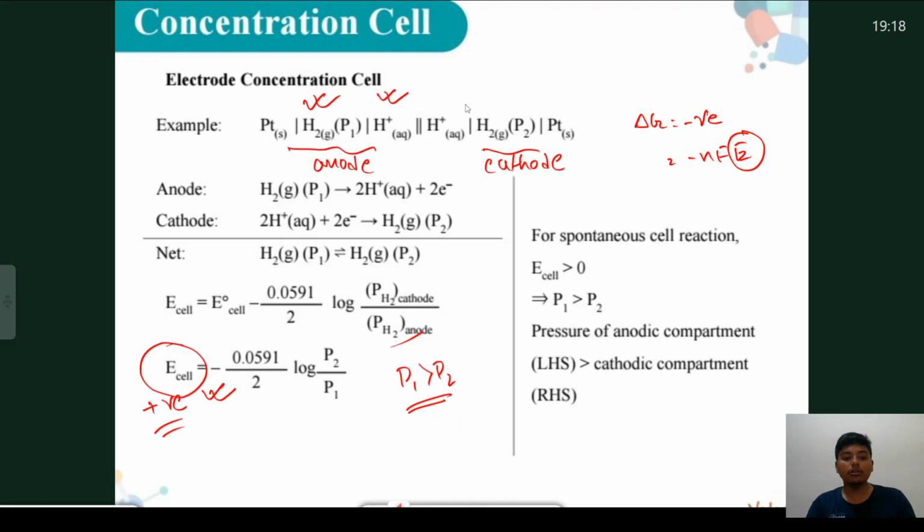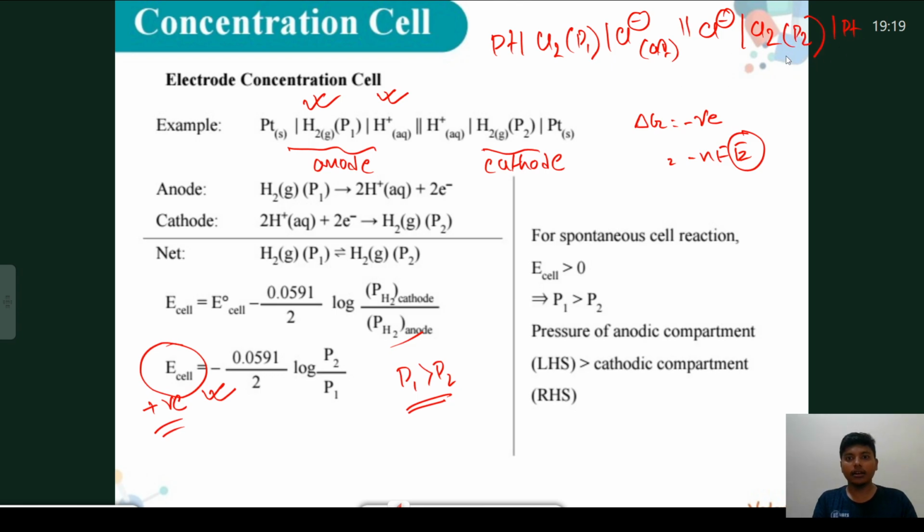But when you are using chlorine, remember when the cell is written like this: platinum, Cl2 at P1, Cl minus aqueous, then salt bridge, then Cl minus, Cl2 at P2, and then platinum.